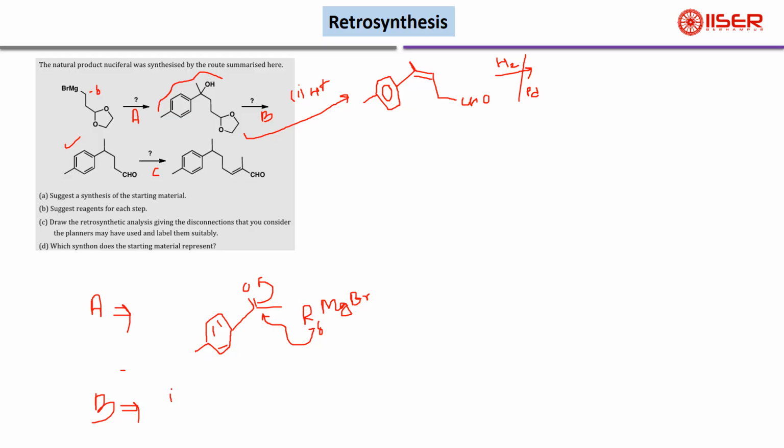In the first step, we have to add H plus, and in the second step, we need a reducing agent.